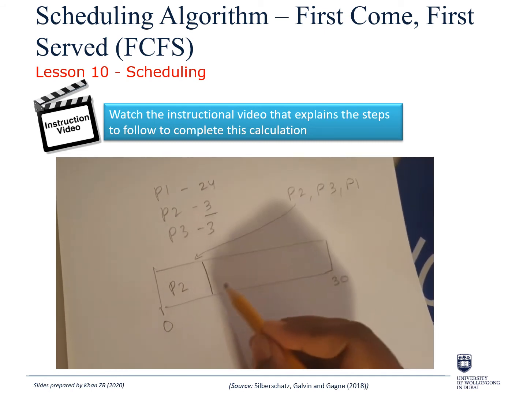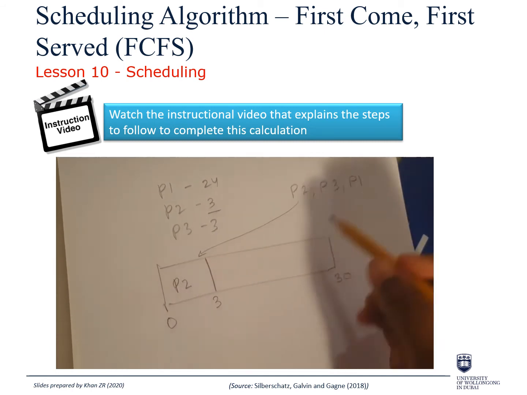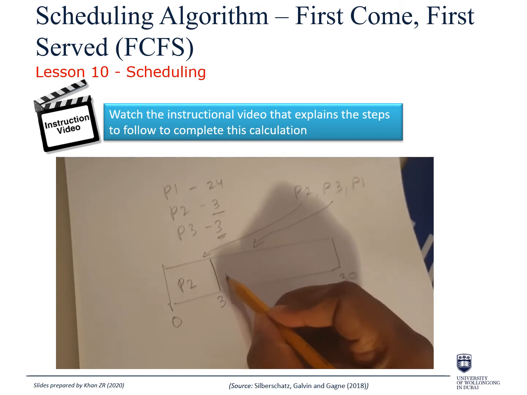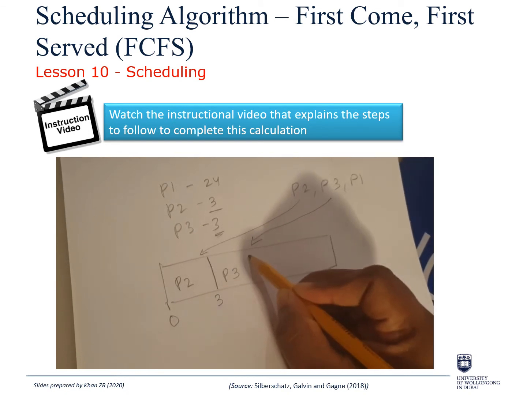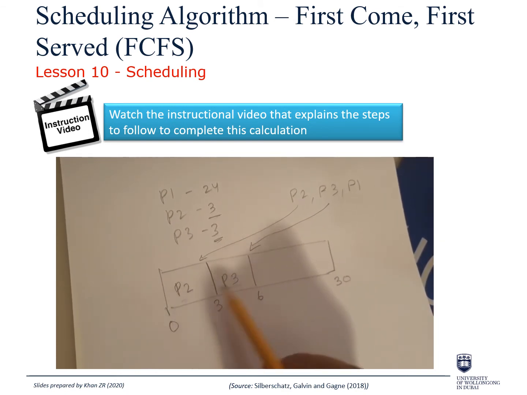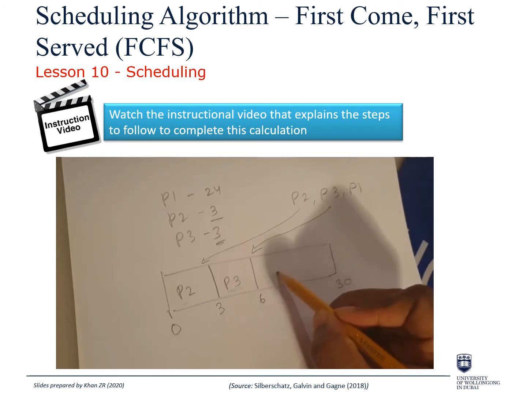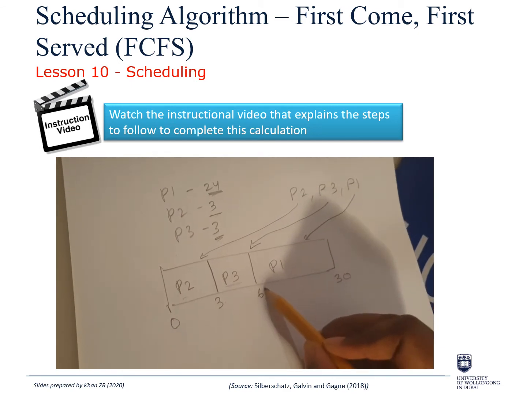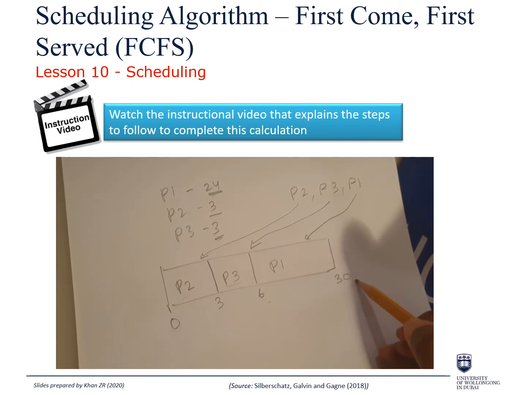So then you have 3 here. Then we have P3, which is again 3, so then it is 6. So now P2 starts at 0 and P3 starts at 3. And then you've got P1, which is 24.